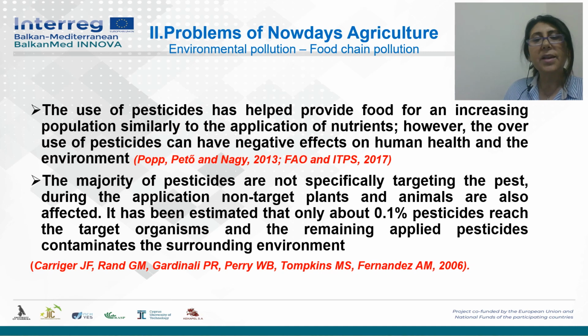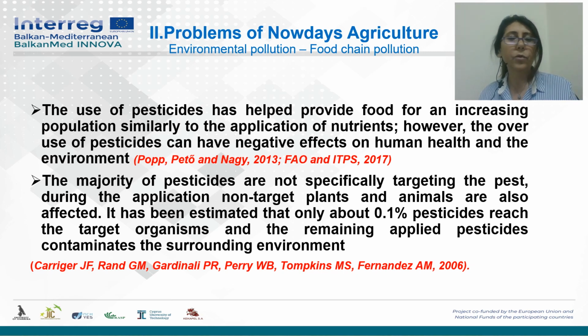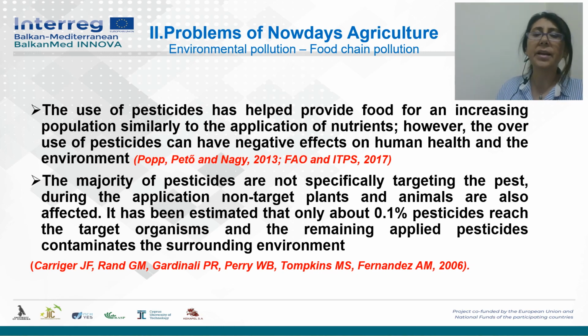The use of pesticides has helped provide food for increasing populations, similarly to the application of nutrients. What I want to mean with this is that through pesticides, we calculate that we protect at least 20% of our production. However, it is documented that the overuse of pesticides can have negative effects on human health and the environment.